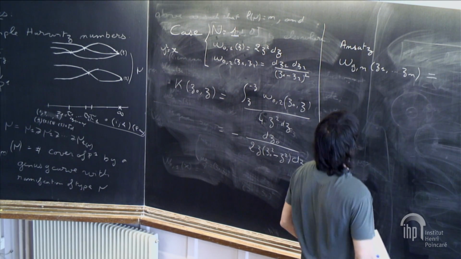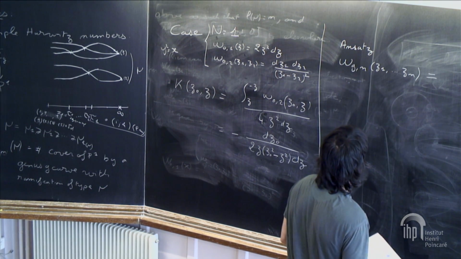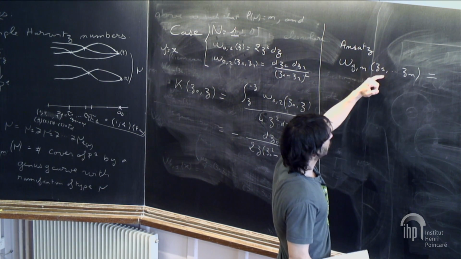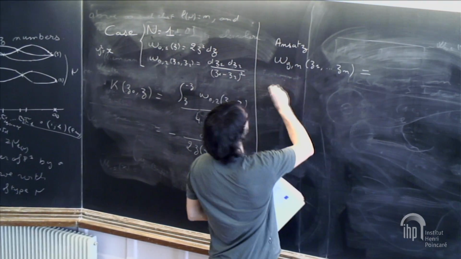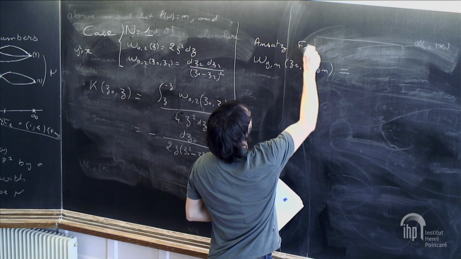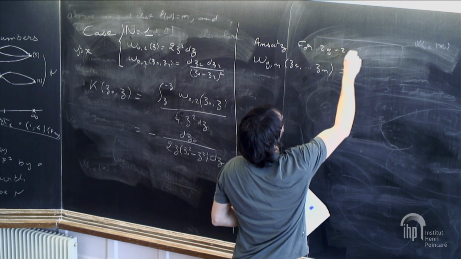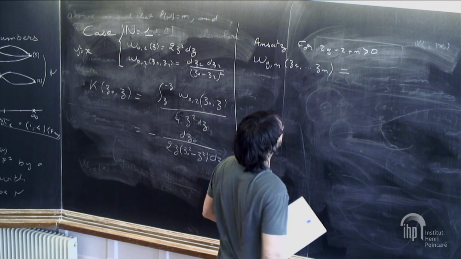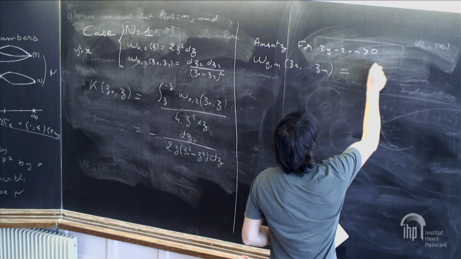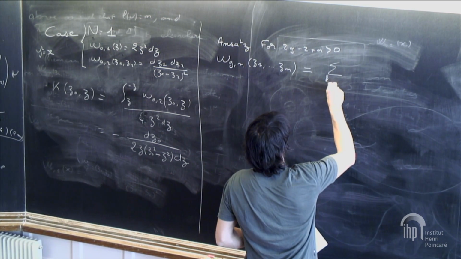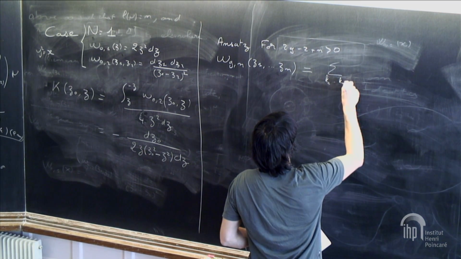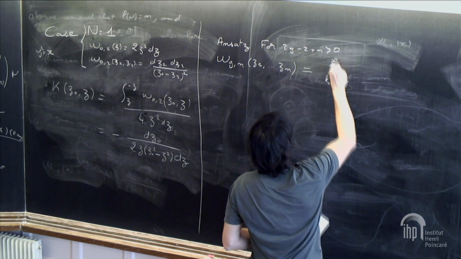So the ansatz is that these are actually differentials which have poles only when z goes to 0, for 2g minus 2 plus n strictly positive, in which case I can write it as a series expansion, sum over k1 to kn, ranging from 0 to infinity.